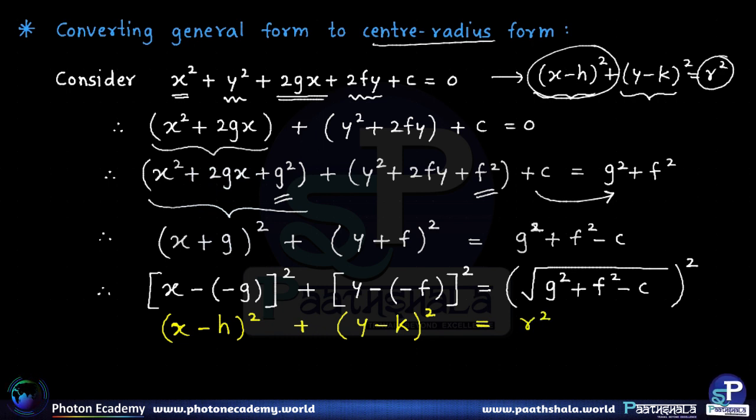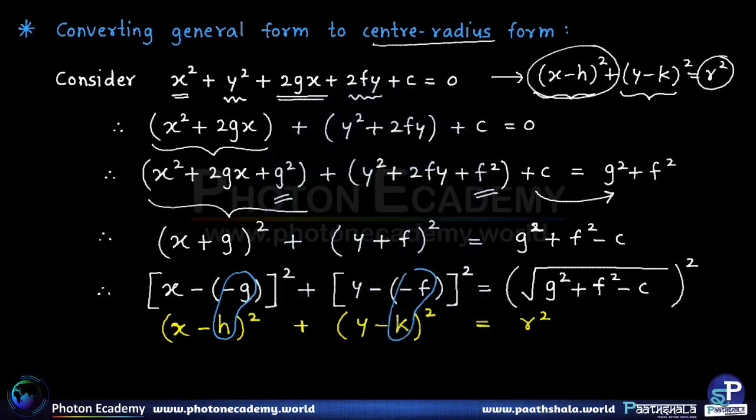So this is where we get the relation, or the connection, between center radius form and general form. So here h is nothing but minus g, k is nothing but minus f, and radius is nothing but square root of g square plus f square minus c.